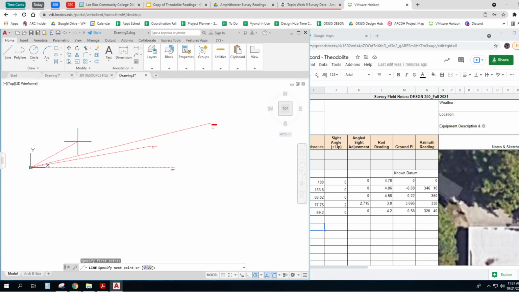And my next one is from where I'm at, 77.5 at an angle of 338.